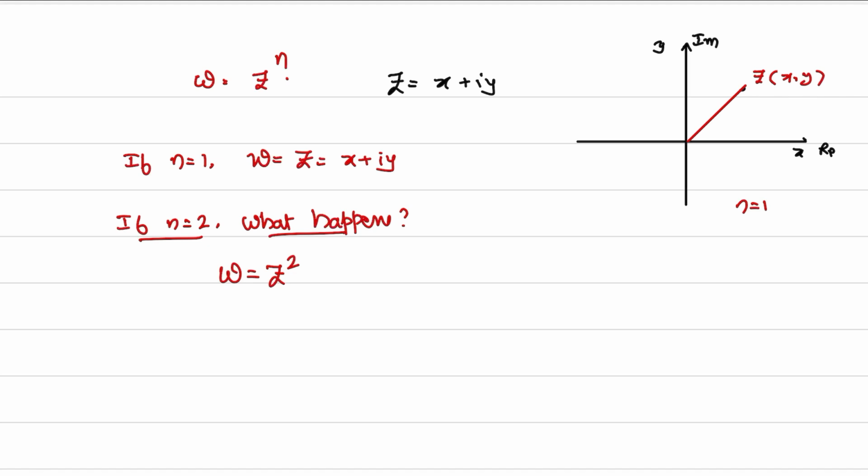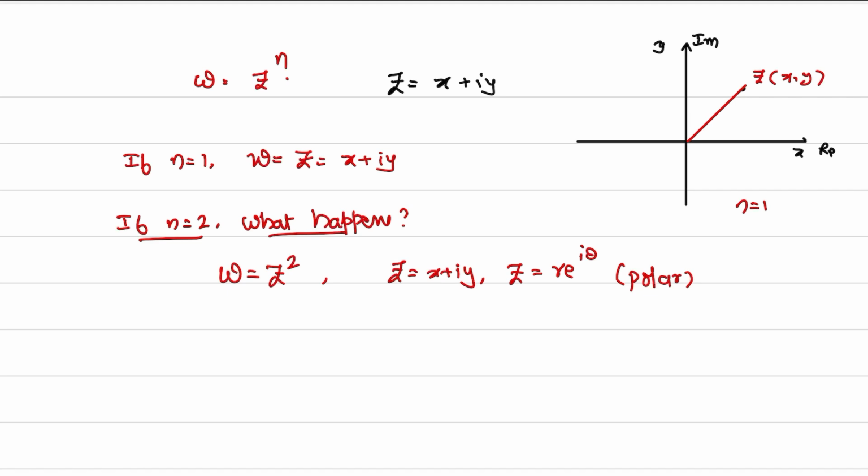What is w, both in Cartesian and polar coordinates? What is z? Z is equal to x plus iy in Cartesian and z is equal to r into e to the power of i theta in polar.